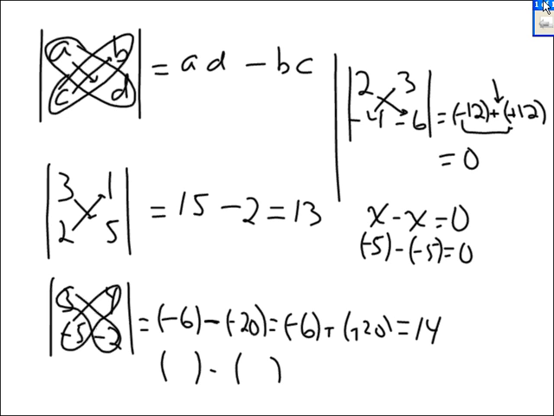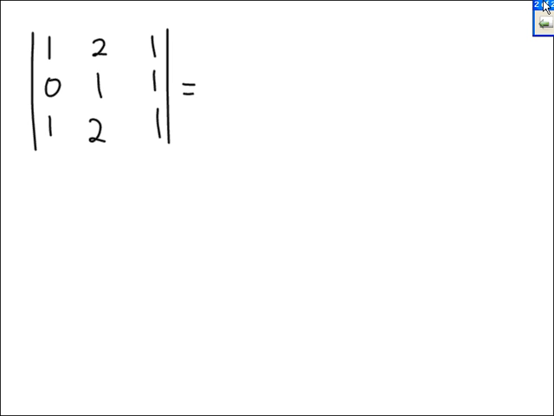Okay, now everything changes when we have a 3 by 3 matrix. If you were asked to find the determinant of this matrix, what you do is you write it down again.